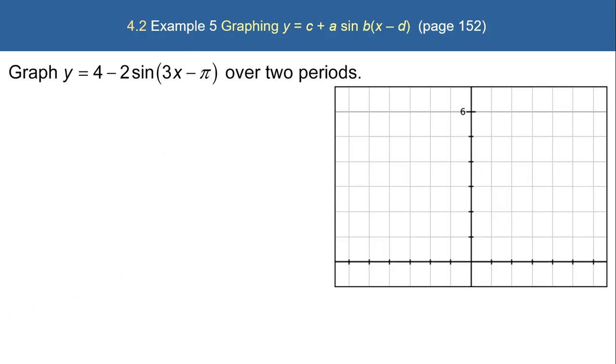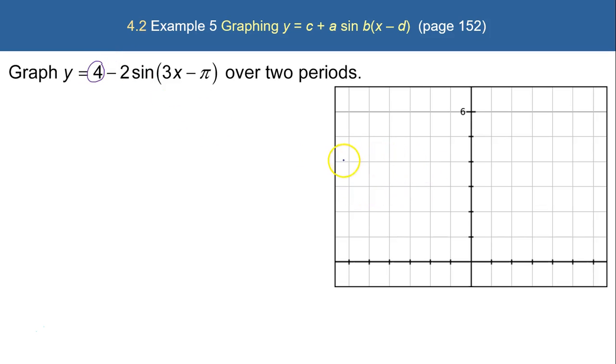Now let's look at one final graph that we have left here. It is our function that has both a phase shift and a vertical shift within it. So let's find all of those values before we go and plot them on our graph. So our vertical shift is this right here, which is 4.